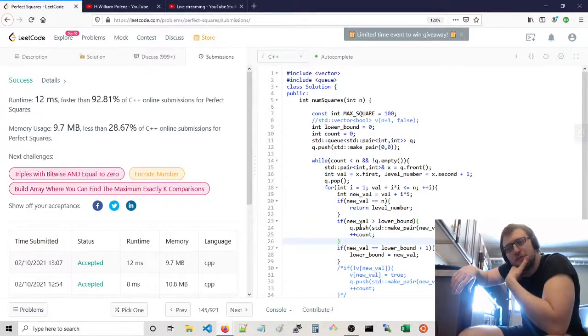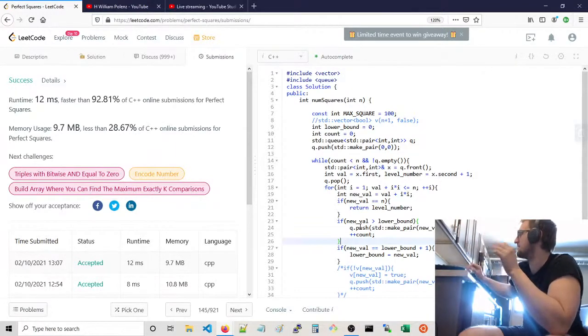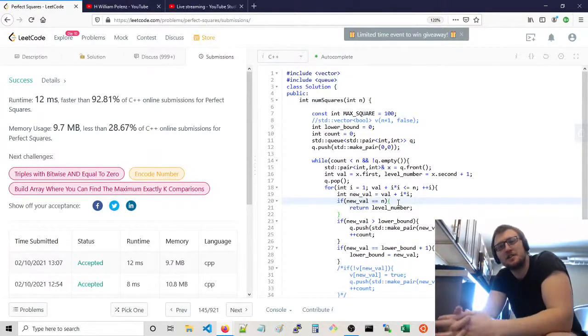And the idea is that eventually we're going to bump into this n. The first time we bump into this n, we just stop. We don't really care about all the other values of the numbers.